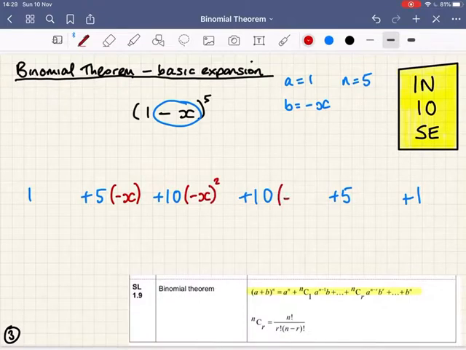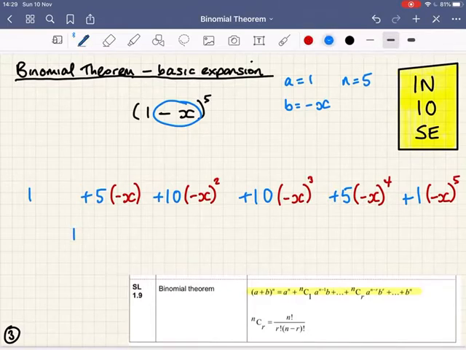The fourth term is going to be negative x cubed, then negative x to the power of 4, and then finally negative x to the power of 5. Now, hopefully you'll remember from your laws of indices or powers that when you square a negative number, it goes positive. So that will have a bearing on the signs in this solution.